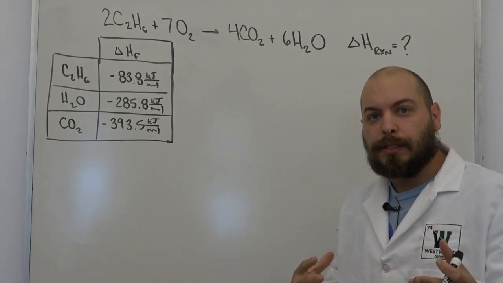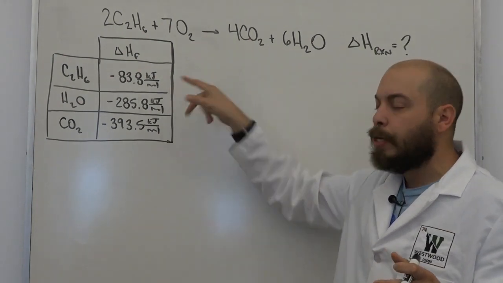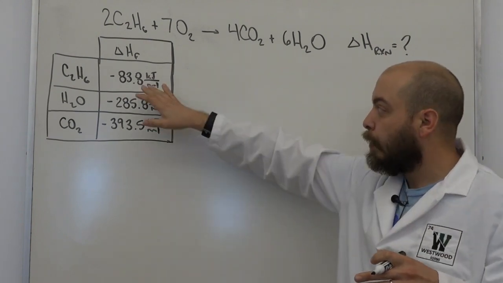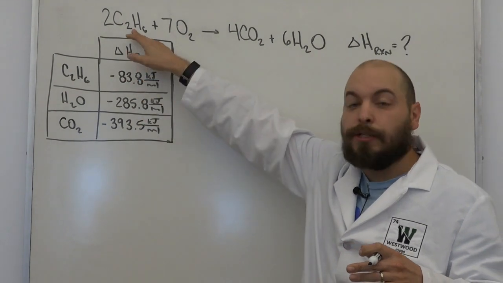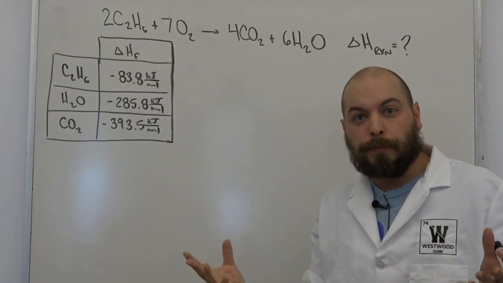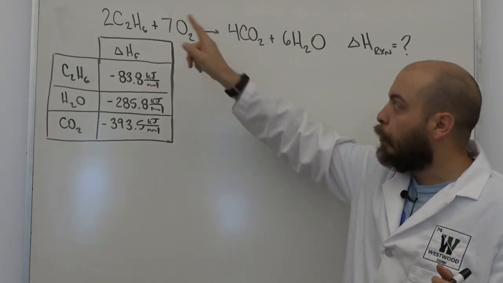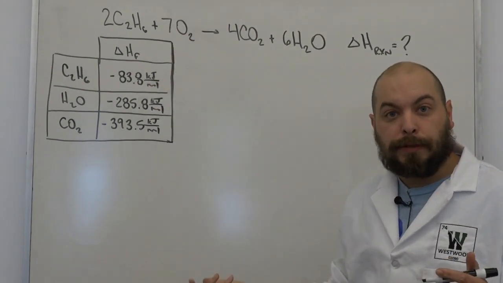So the connection to Hess's law here is the understanding that the heat of formation in the opposite direction would be a positive 83.8 of my C2H6, which is actually being broken apart. So what I need to do is take my 83.8, multiply it by 2, and make it positive. Okay?